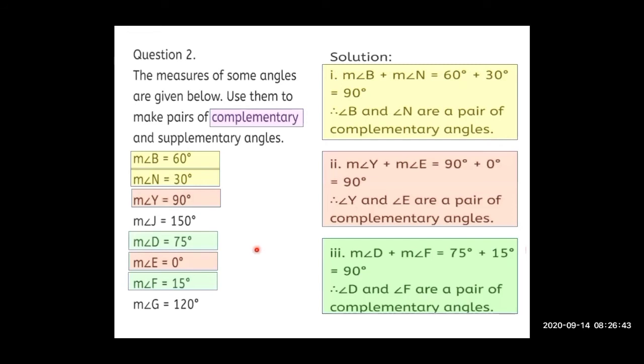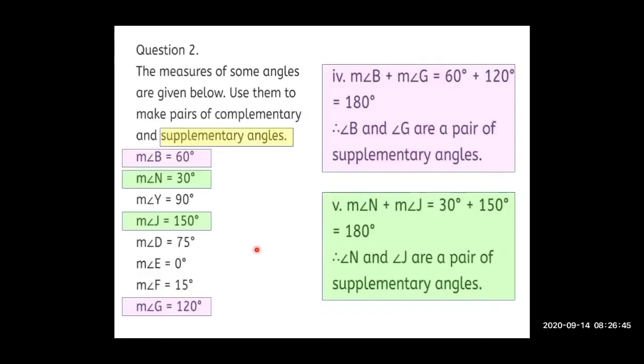So now we will find the pairs of supplementary angles. We have to find two such angles whose sum is 180 degrees. Ready? Now see the first pair. Measure of angle B equals 60 degree. Yes. And here measure of angle G equals 120 degree.